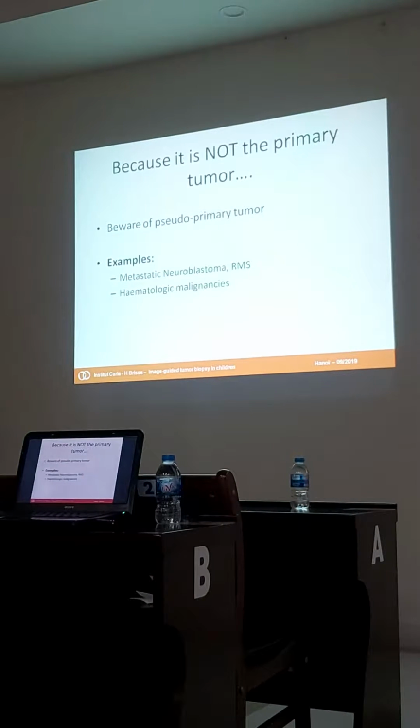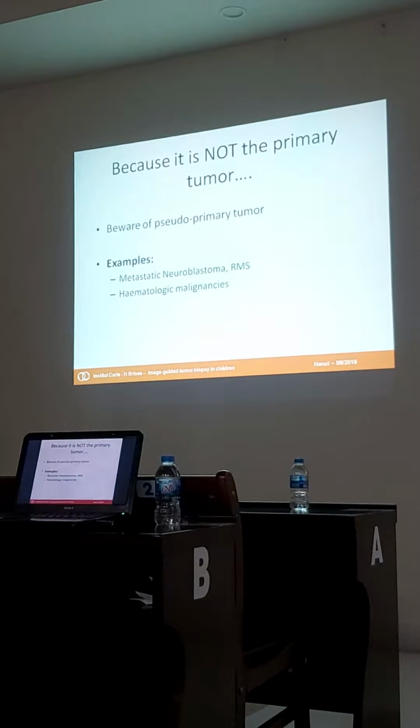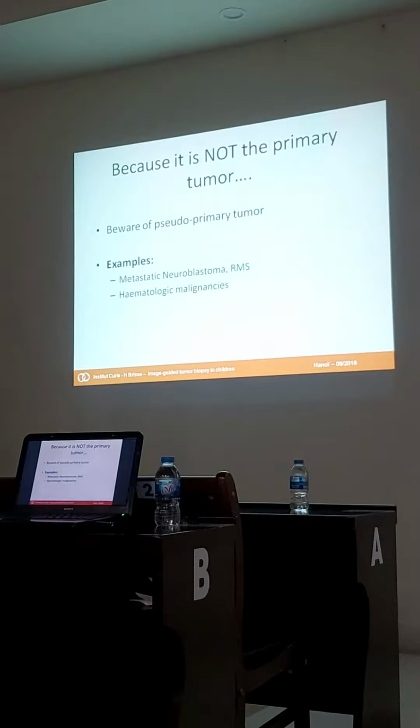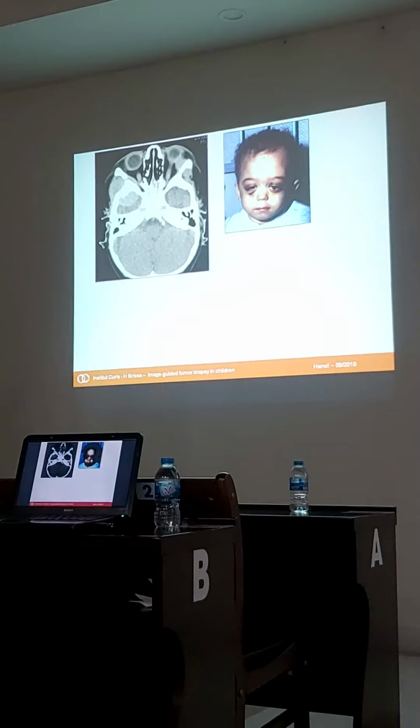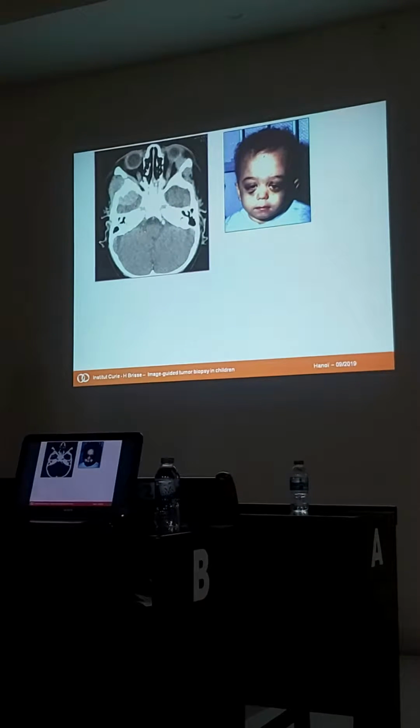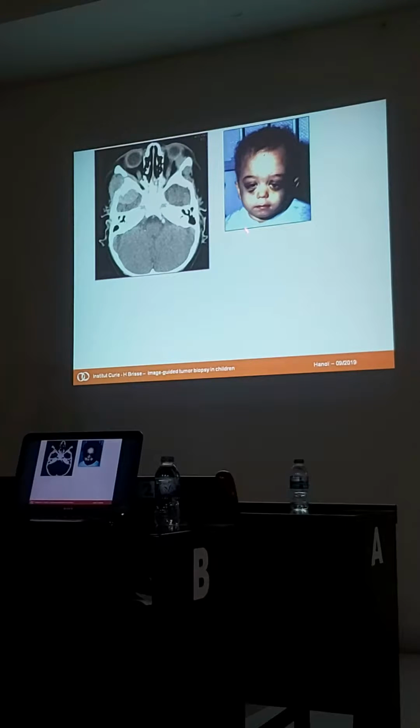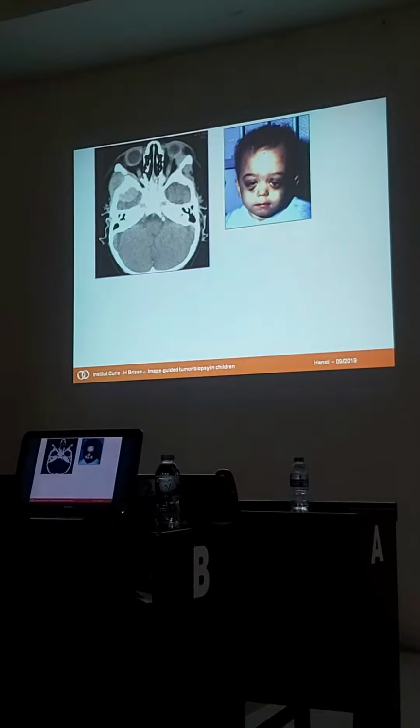So the second situation in which you should not perform the biopsy is because maybe it's not the primary tumor that you see. For example, here in this patient, you have a typical Hutchinson syndrome, which is a very characteristic presentation of metastatic neuroblastoma.